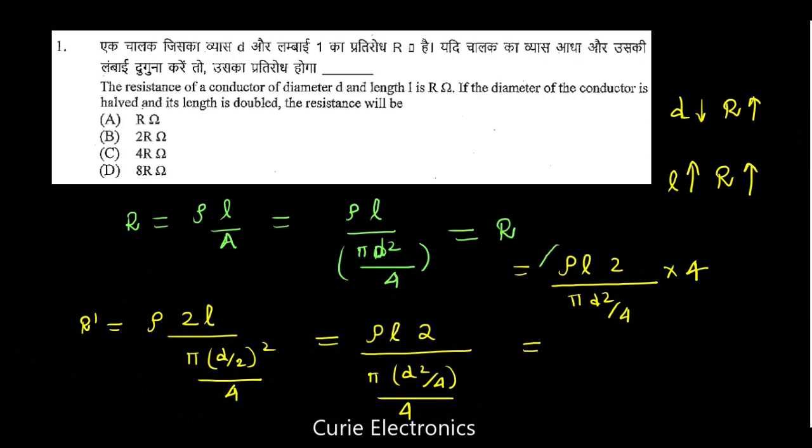This rho L pi d square by, this I can write as R. R is the original value multiplied by 8. So if you increase the length 2 times and if you reduce the diameter by half, then the resistance increases by 8 times.